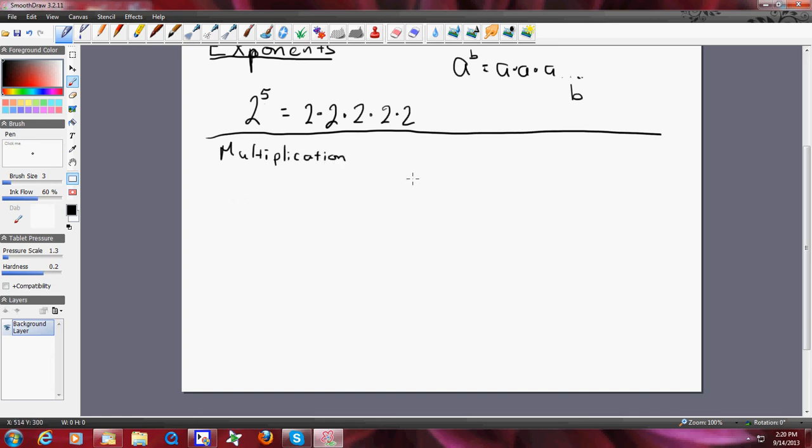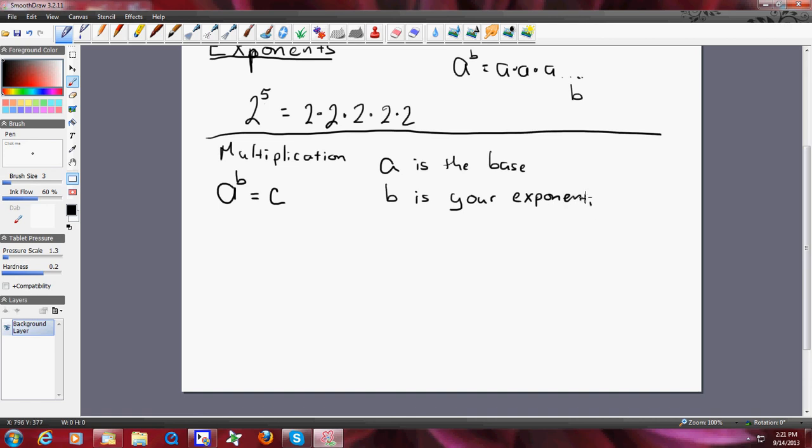So what we mean by base is if you have a to the b equals c, you'd say that a is the base and b is your exponent.